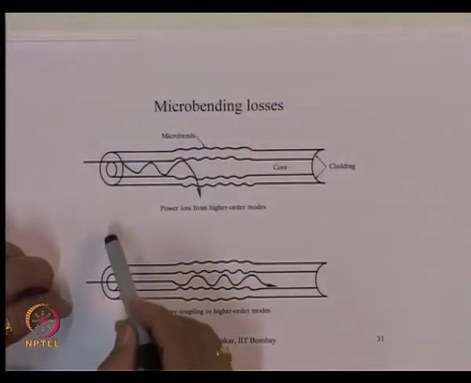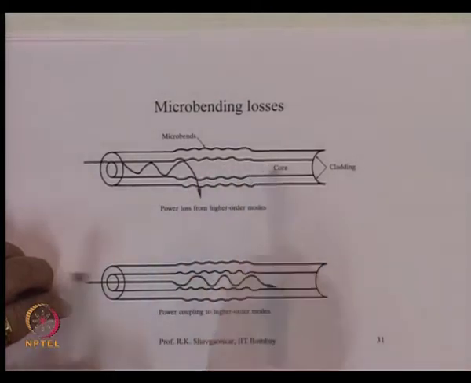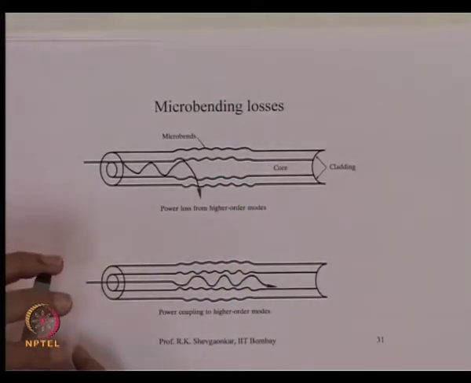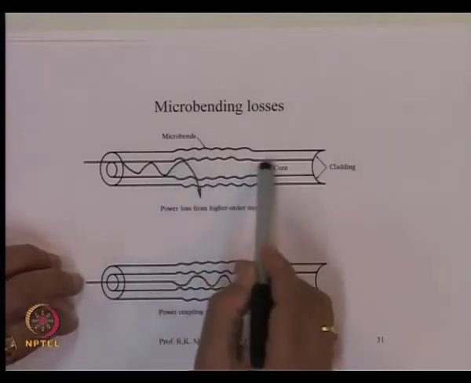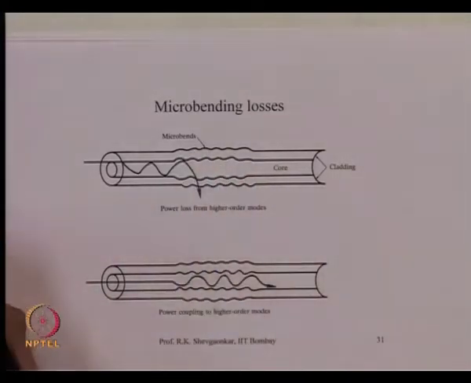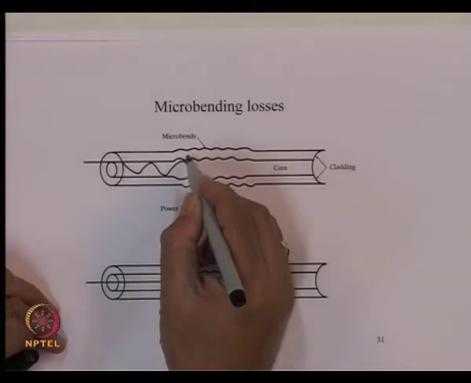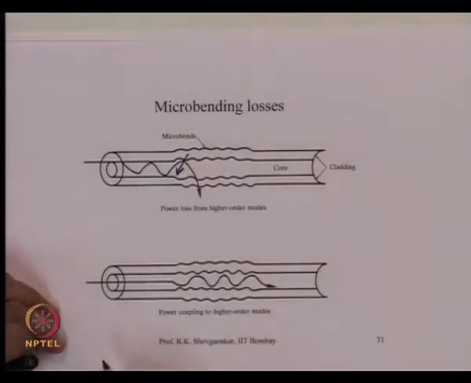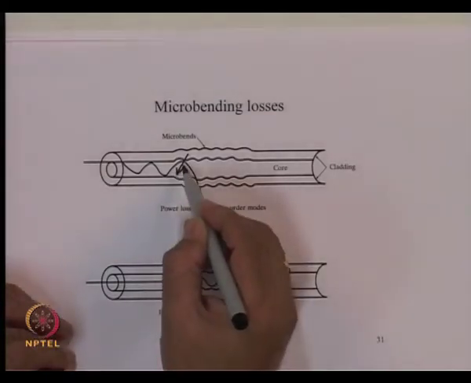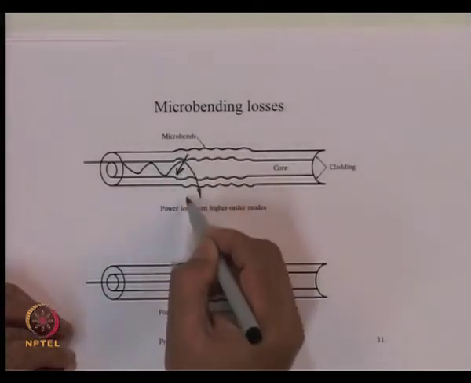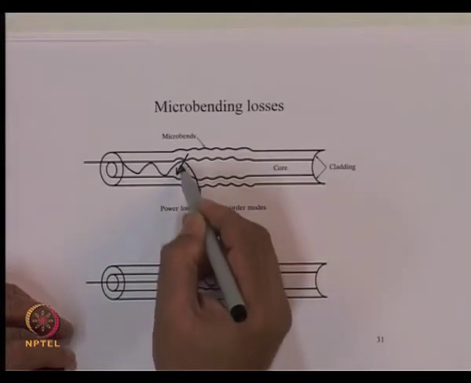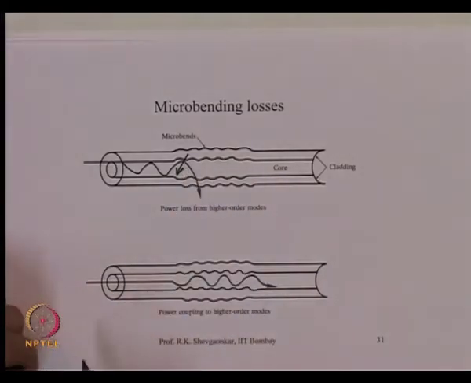Now note here, if the fiber was absolutely straight, these boundaries are straight like this, ray will get propagated by total internal reflection. But if the fiber is deformed like this, then essentially what is happening is locally now the normal is changed. This is the normal now. So the ray which was satisfying the critical angle condition when the normal was like this, no more satisfies the critical angle condition.